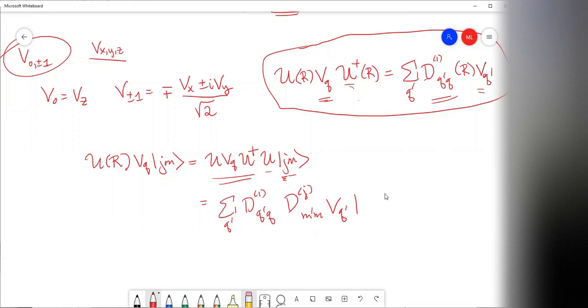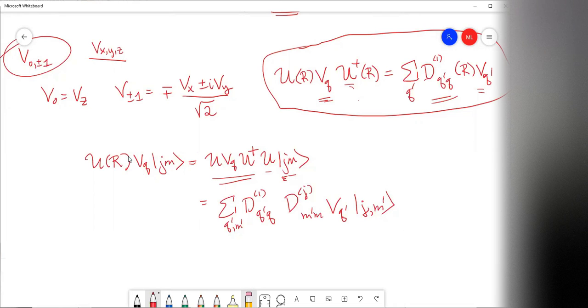And here we've got the j m prime, right? So we're rotating the JMs. That gives us this D matrix, M prime M, sum over these JM primes. If you go back and see how we define these unitary operators in terms of rotating these angular momentum states, you'll see that that just comes from that.